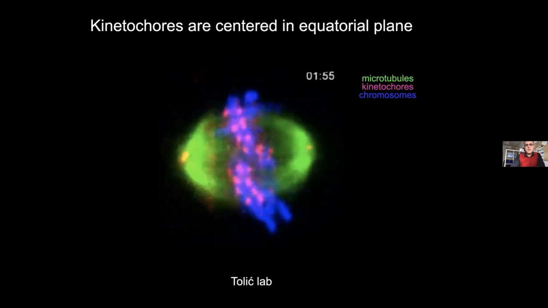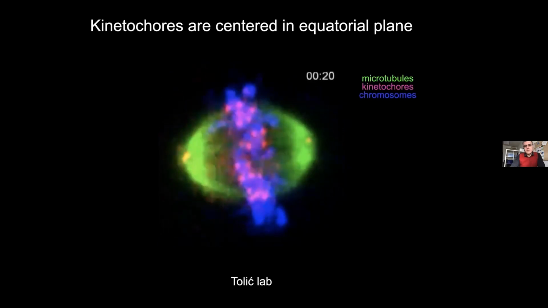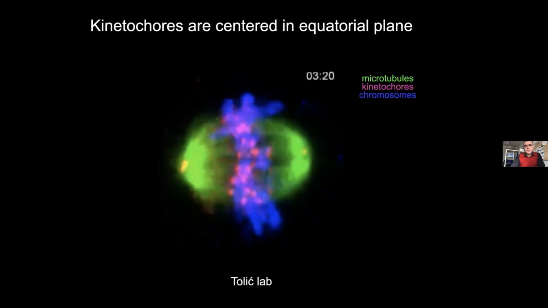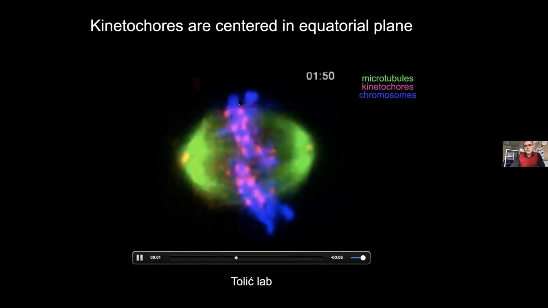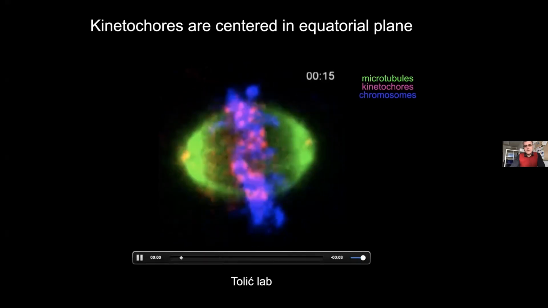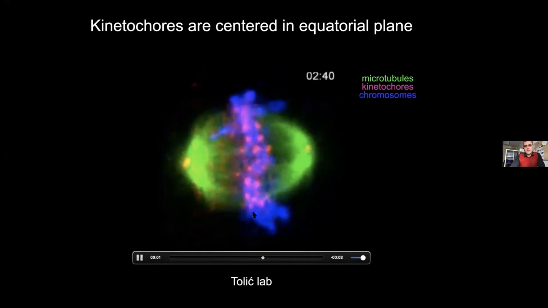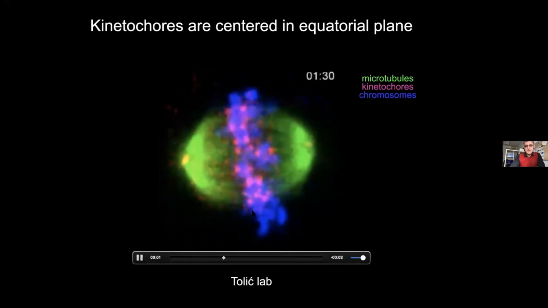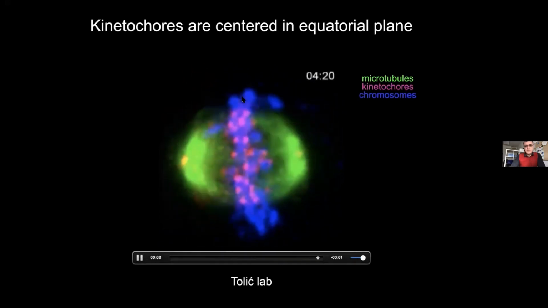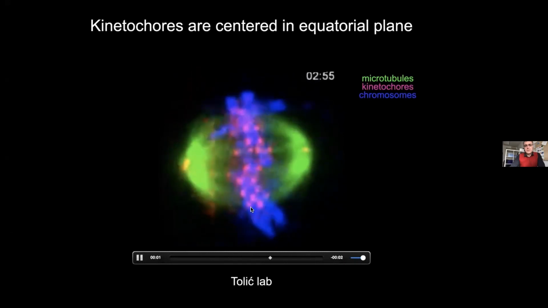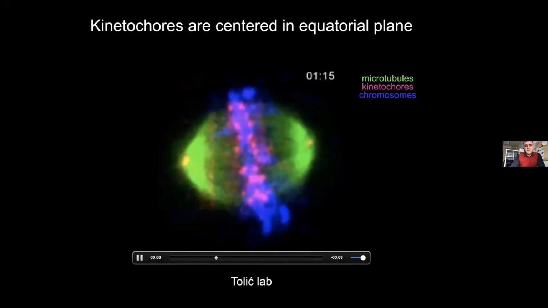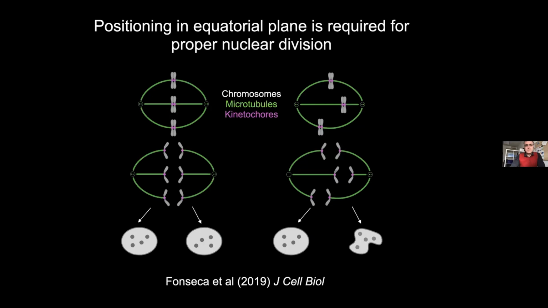So here is one metaphase spindle, and one can see nicely organized these kinetochores and microtubules with chromosomes being almost ideally placed at the metaphase plate. And of course, there is the question why we want to study such a process.